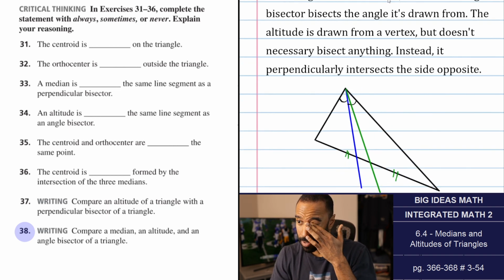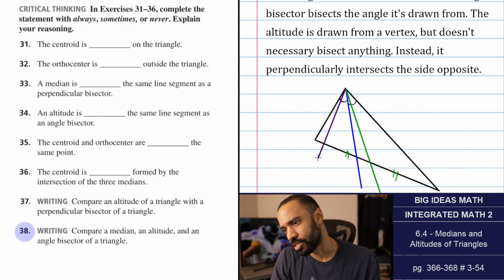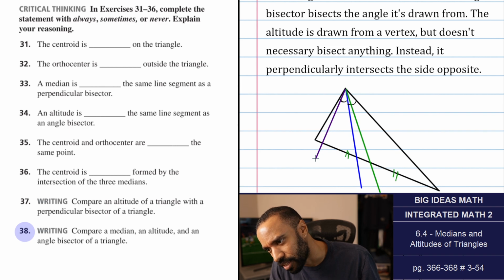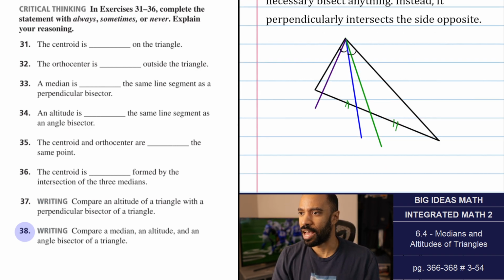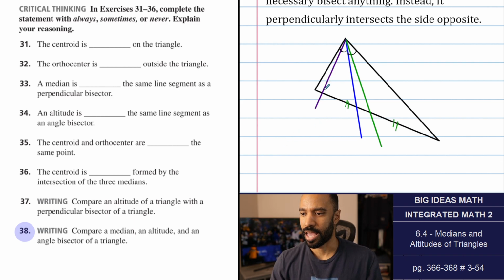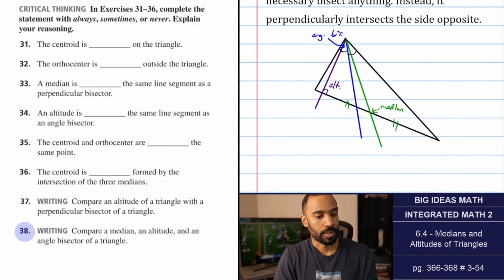So the altitude would be maybe in purple here, like this guy. Is that kind of 90 degrees? Pretend like it is. All right, like there. So here we have an altitude, an angle bisector, and then a median. Okay, so that's the difference between those three.